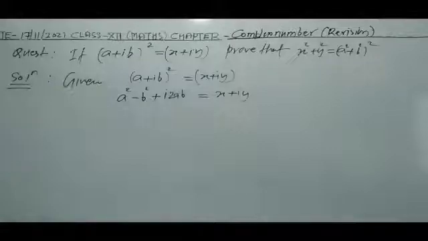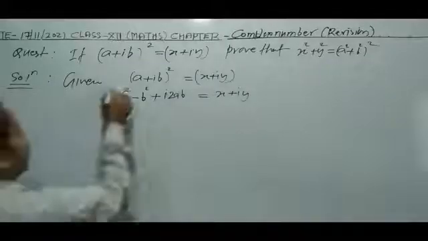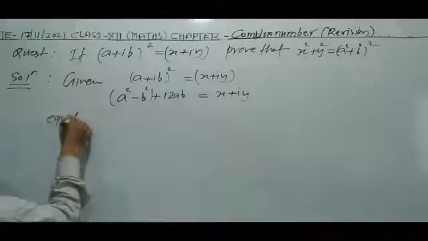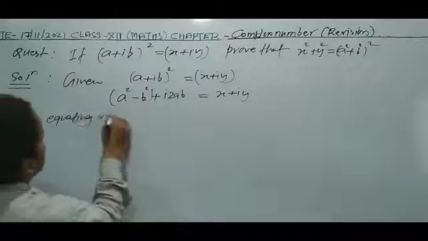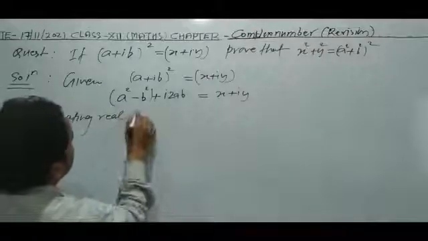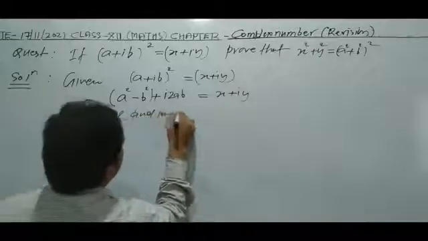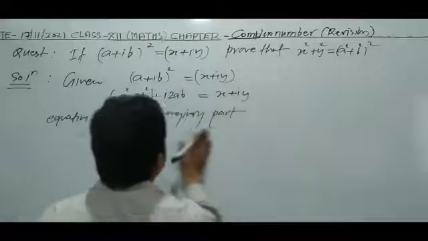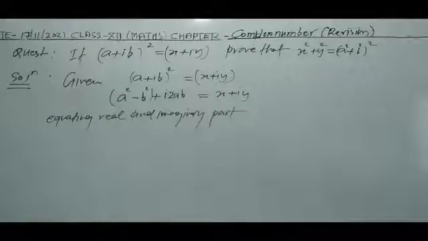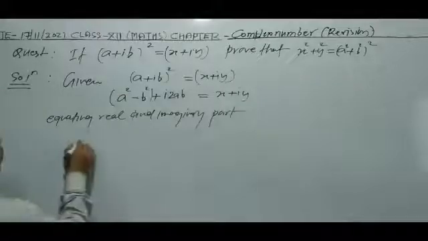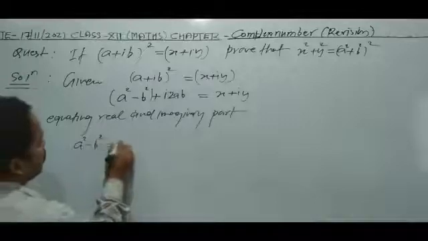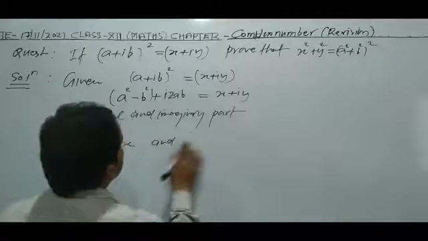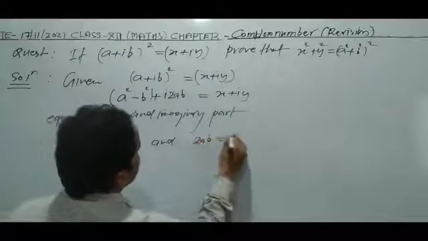Now equating real and imaginary part. So a square minus b square is equal to x, and 2ab is equal to y.